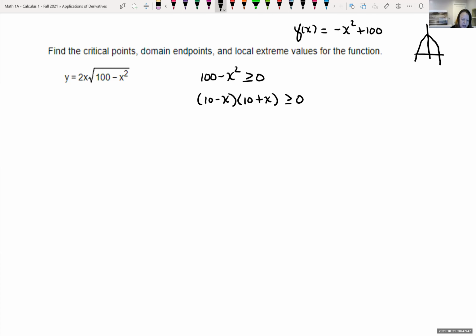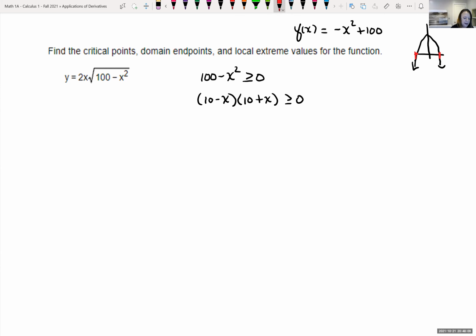So if we graph this, those values, negative 10 and 10, are the values where we're crossing the x-axis. And so we're looking at the values which are going to give us positive y values underneath that radical. And so that's going to be between negative 10 and positive 10.